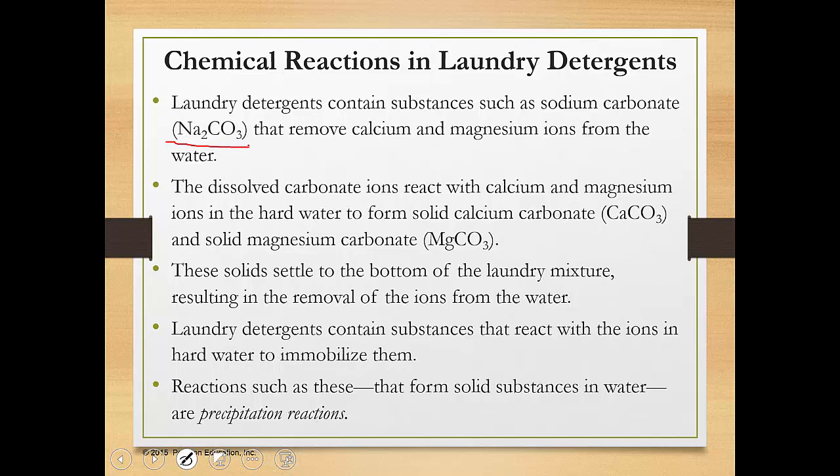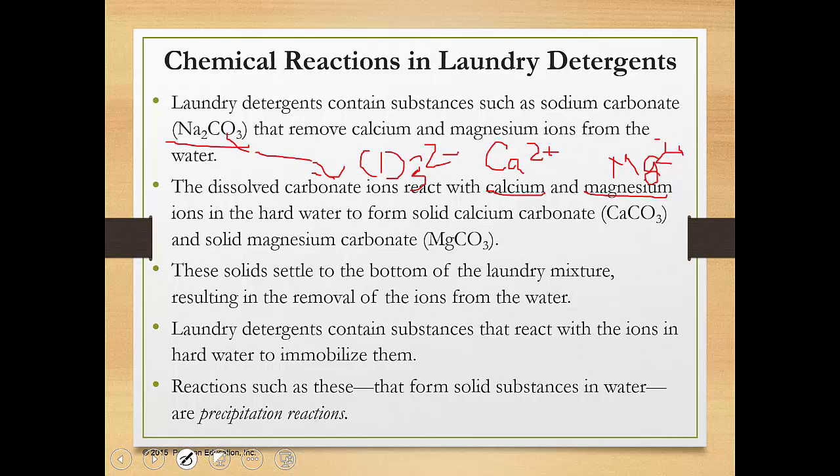But what happens is the carbonate from the sodium carbonate, just the CO3 part, is going to react with the calcium ions and the magnesium ions. So calcium 2+ here, and we've got magnesium 2+ here, and then over here we've got carbonate, our polyatomic CO3 2-.